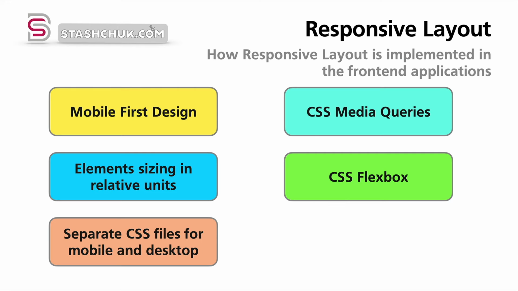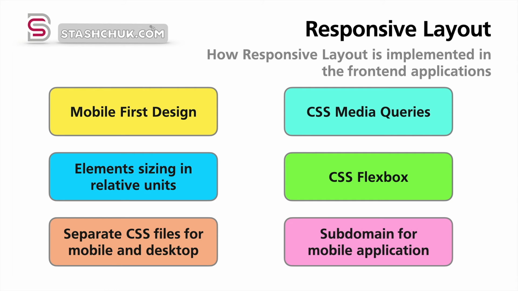And one more technique is usage of subdomains for mobile applications. After detection of the user device, mobile users are redirected to a subdomain of the primary domain, and the primary domain serves requests made from desktop computers. Such an approach simplifies development, and technically you could even create two completely separate front-end applications, one for mobile and one for desktop users.